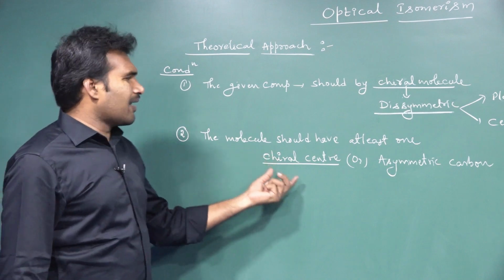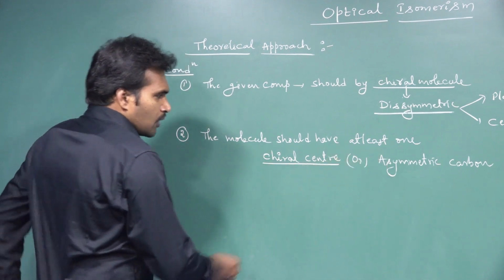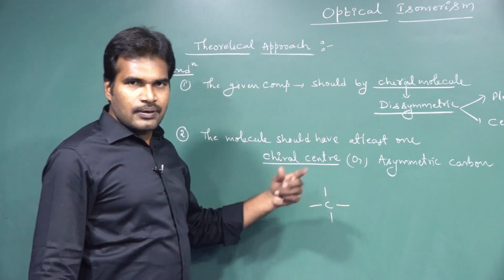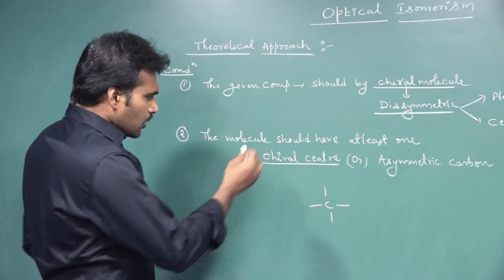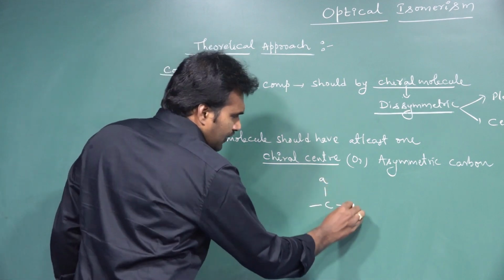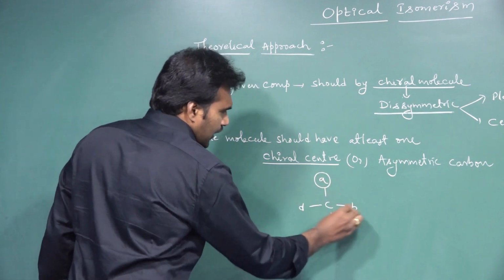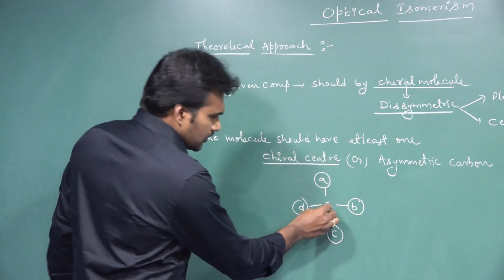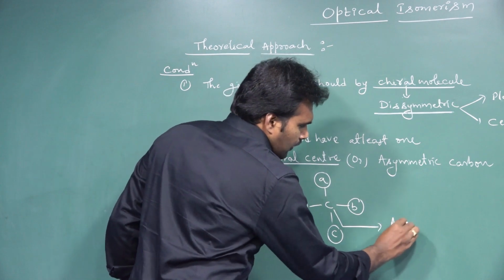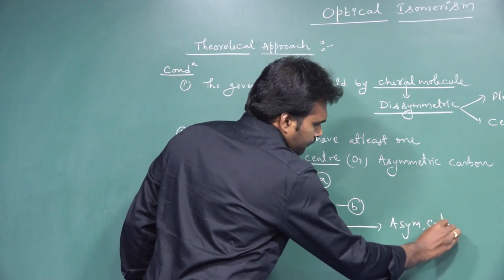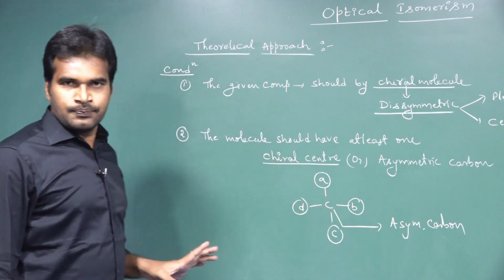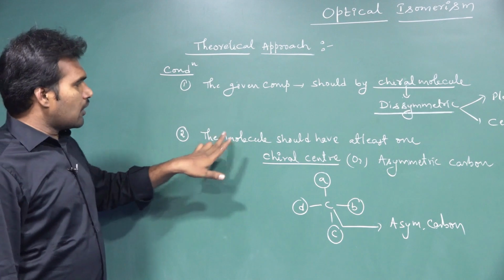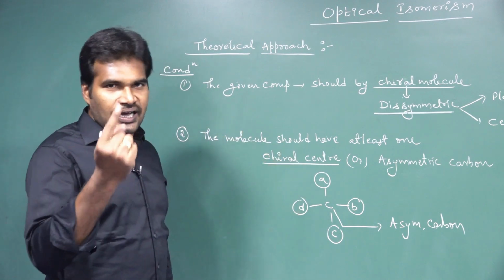What do you mean by a chiral center or asymmetrical carbon? As we know, carbon is tetravalent, it can be bonded with 4 other groups. If the carbon is attached to 4 different groups, A, B, C, D, then this carbon is called an asymmetrical carbon, also called a chiral carbon. So the second condition required to show optical activity is that the molecule should have at least one chiral carbon.